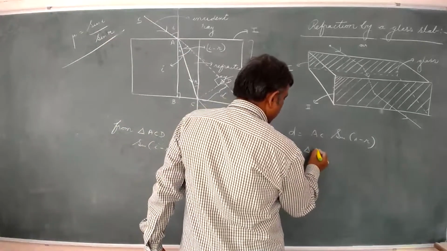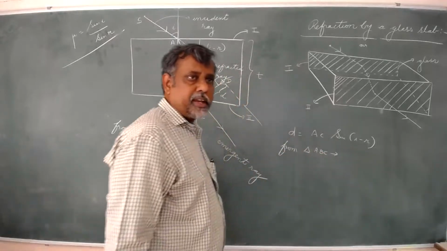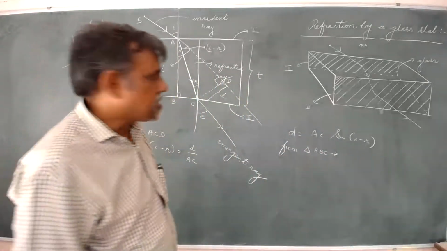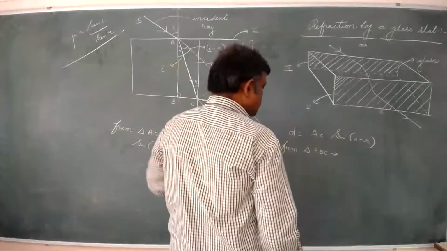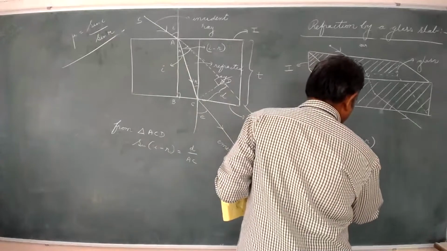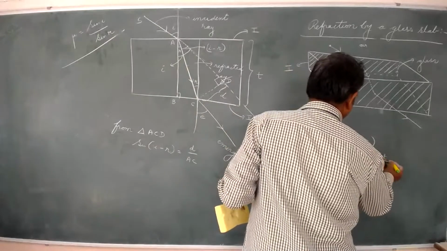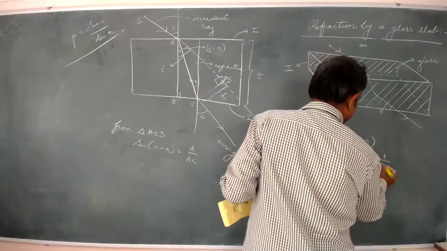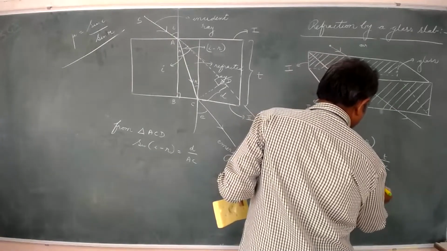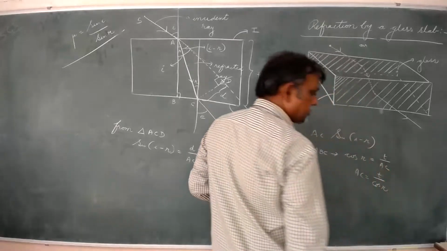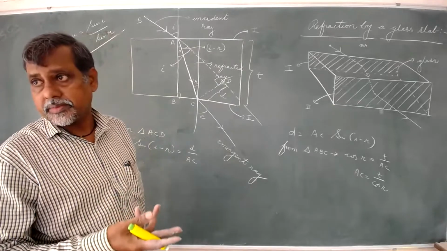From triangle ABC, I want the AC value. Cos R is equal to the adjacent side, T, by the hypotenuse AC. So AC is equal to T by cos R.